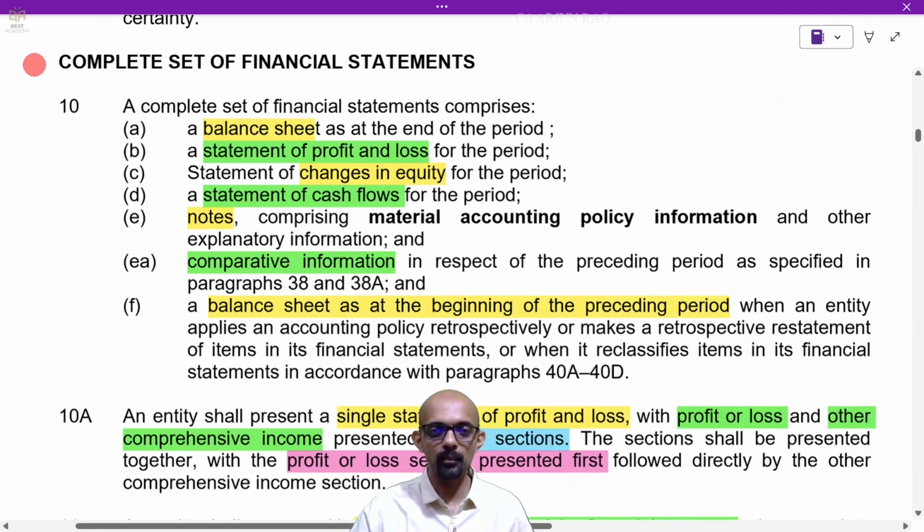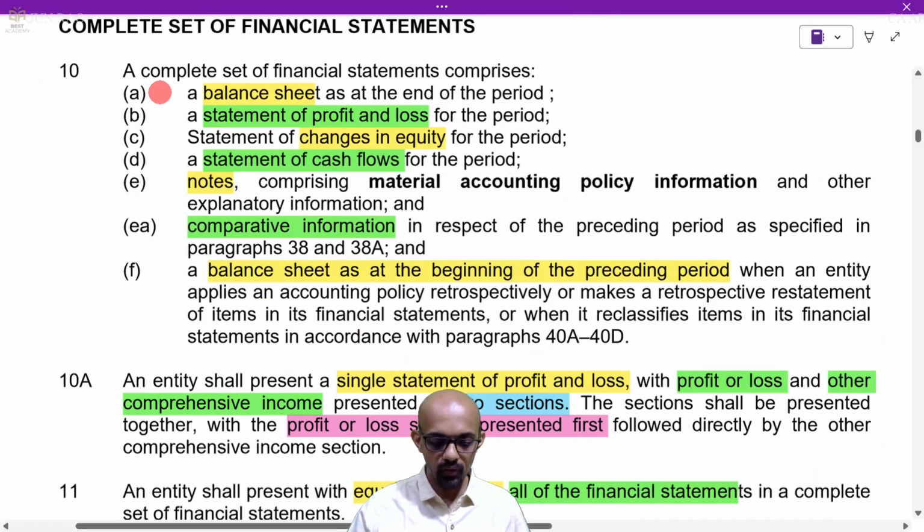Next, we come to complete set of financial statements as per para 10. So, it is balance sheet at the end of the period, statement of profit and loss for the period, statement of changes in equity for the period, statement of cash flows for the period, notes comprising material accounting policy information and other explanatory information.